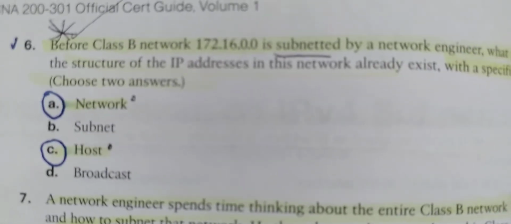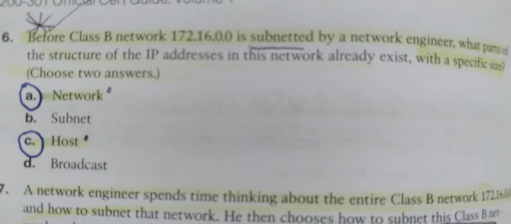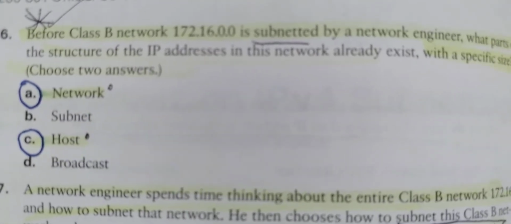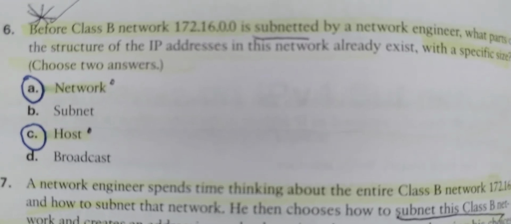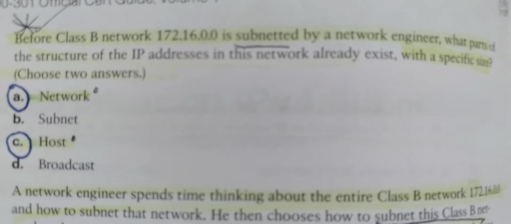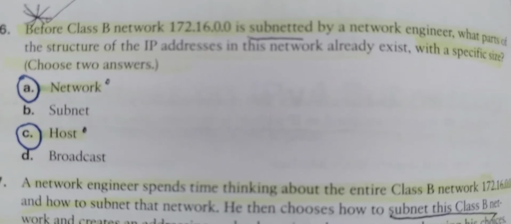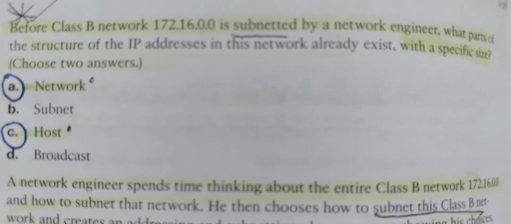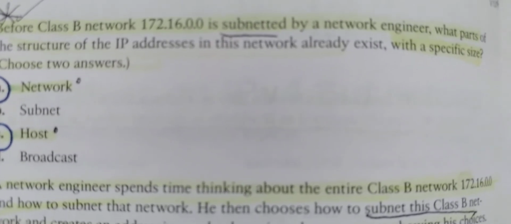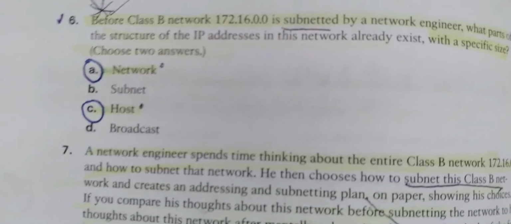Okay, so I will now go over, Do I Know This Already? Question 6 states, before class B network 172.16.0.0 is subnetted by a network engineer, what parts of the structure of the IP address in this network already exist with a specific size?